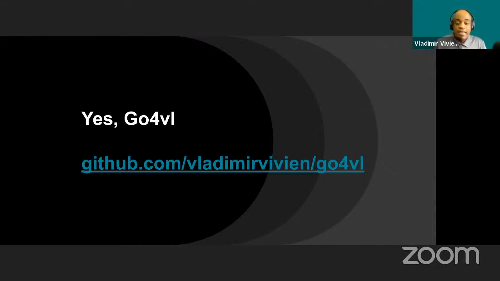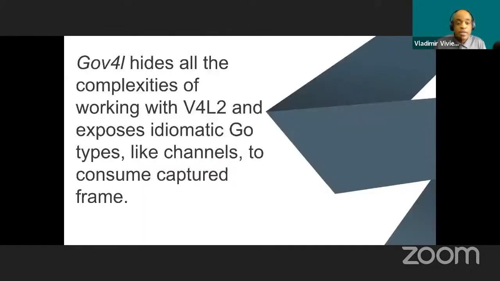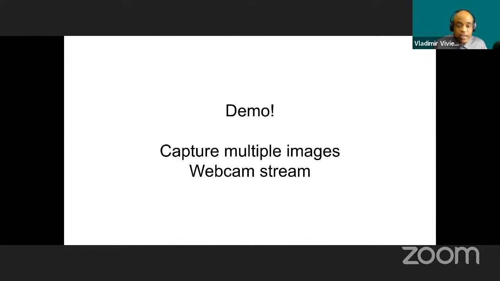The idea is to hide all of this that we just talked about and instead expose idiomatic Go types like channels, so you can just ask for a channel and consume the video. Now let's look at what that looks like.